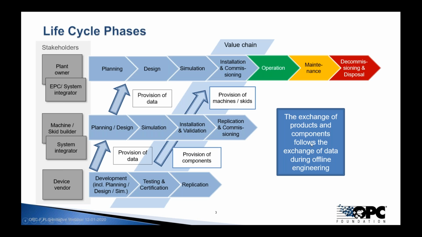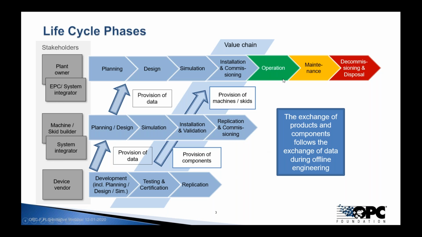So that is a little bit more explained here. What you see here is an overall workflow of the engineering process with the stakeholders for a plant. Starting from device vendors selling devices and controllers, going to machine and kit builders that assemble things together and resell them to installations, to plant owners, to factory locations.